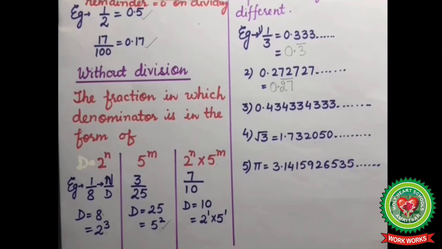So in short, we can say the denominators which can be represented in the form of 2 raised to power n or 5 raised to power n or 2 raised to power n into 5 raised to power m will be the terminating decimal, and all other fractions which have prime factors other than 2 and 5 will be non-terminating decimals.